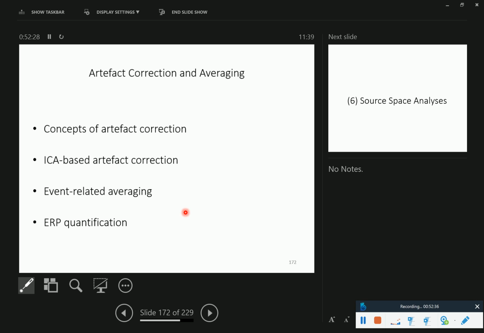Good. So we are a little bit early, but then we discussed a little bit more in the beginning. So we talked today about concepts of artifact correction, specifically ICA-based artifact correction, event-related averaging. That, from my perspective, there's not so much to talk about, and ERP quantification.